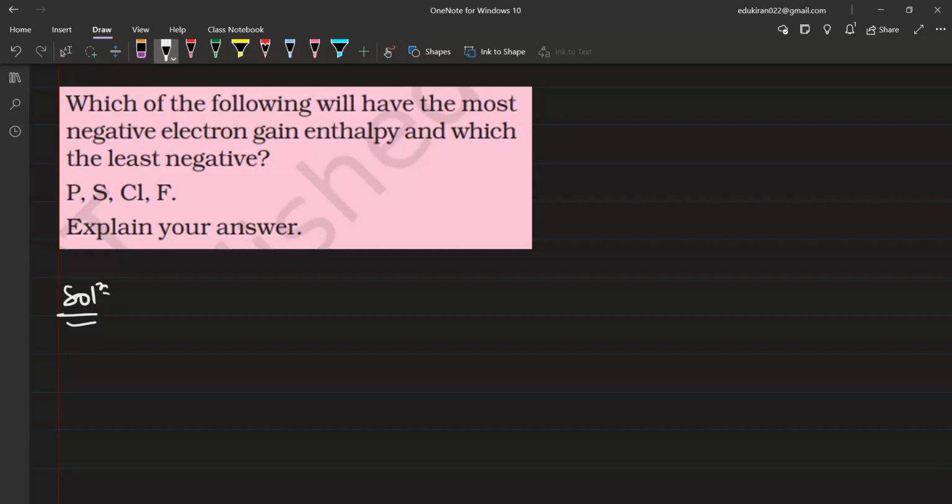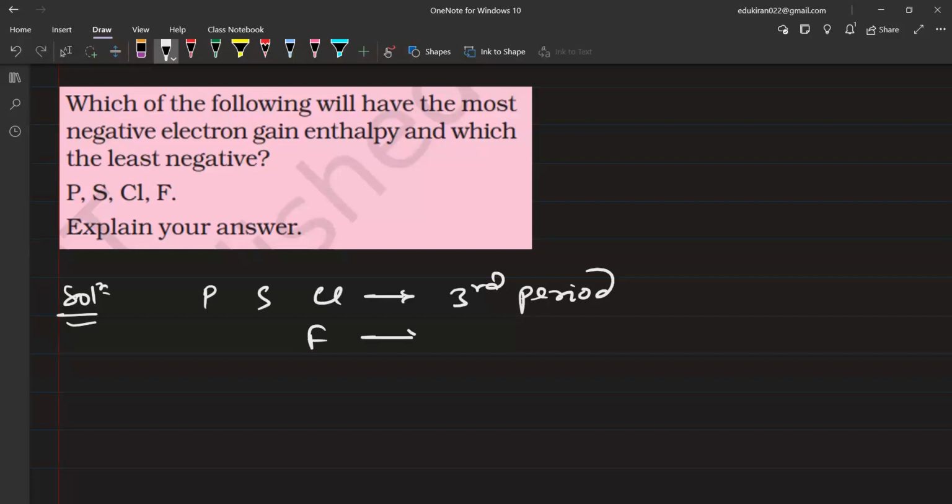So again, we will play with the period number and the group number, right? If I talk about phosphorus, sulfur, chlorine, 15, 16, 17, all of these belong to the third period.